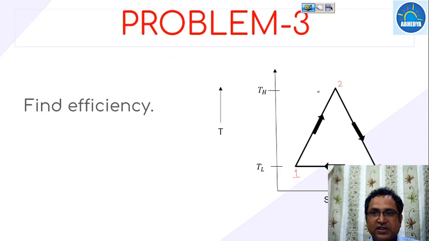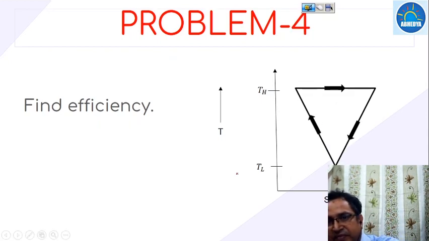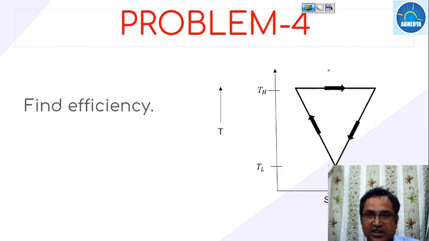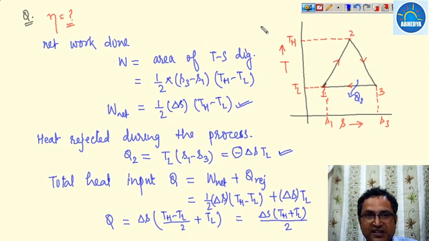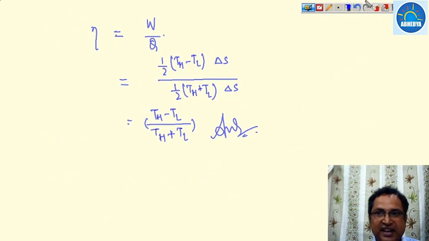Now the next one. Suppose this is the problem and you have to calculate the value of the heat engine efficiency. Again, see, in this problem it is just opposite to that one, an inverted triangle.